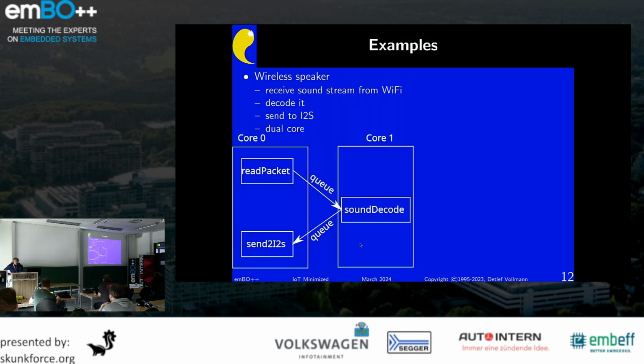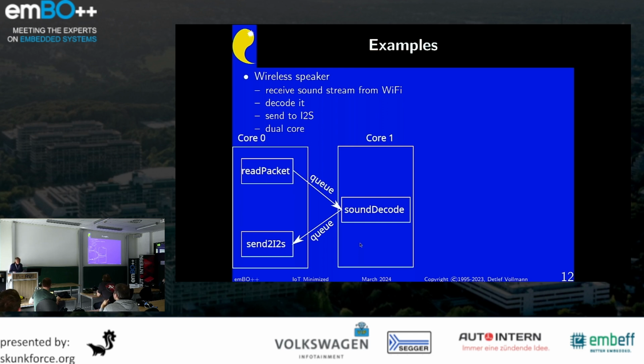And this is the thing I showed last year. It's essentially still the same hardware. So it's a Raspberry Pi Pico W, and it receives some sound, you cannot really call it music, from the network, and that is coded.